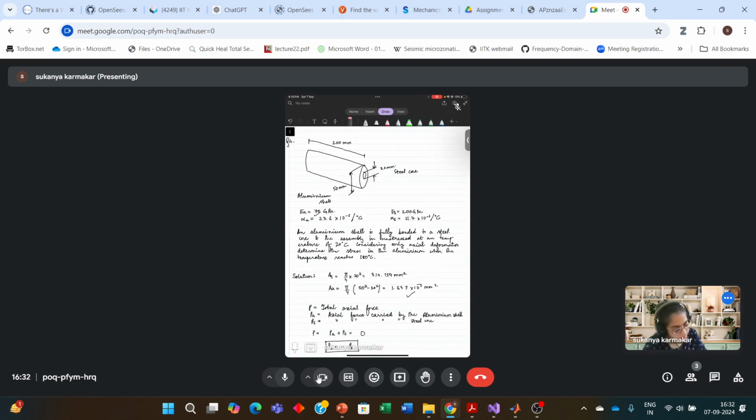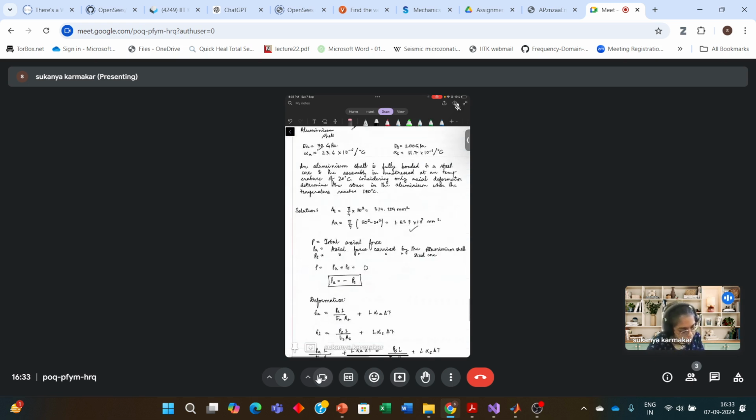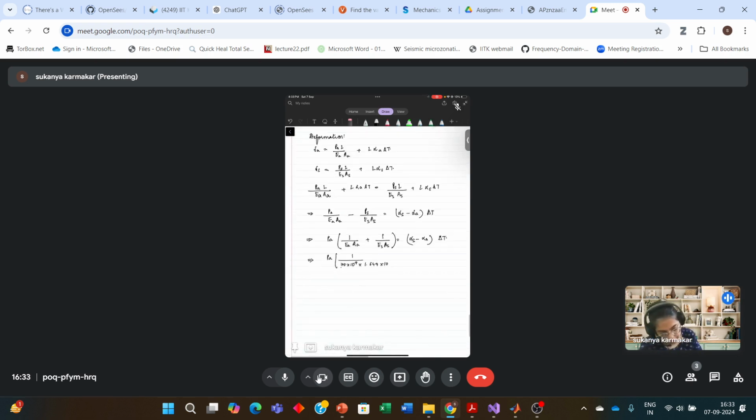So here I am working in the units of Newton per meter square. So that is why I have a 10 to the power minus 3 conversion unit. Okay. So here I am working in the units of Newton per meter square. Plus 1 by of steel.